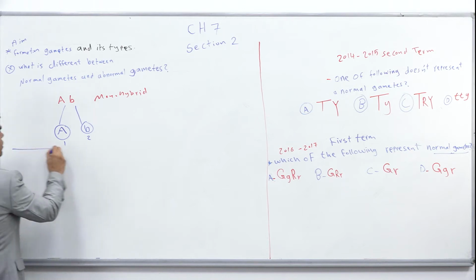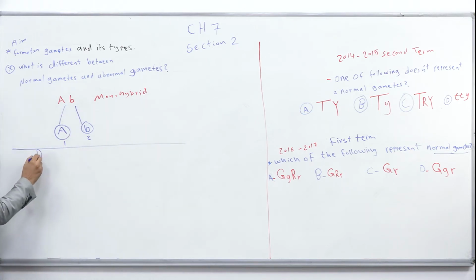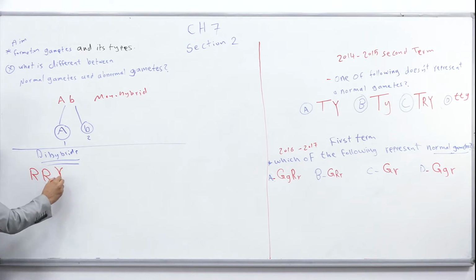What about a dihybrid? How are the gametes produced? For example, the parent we have is R capital, Y capital, R capital, Y capital. How are the gametes produced and how many types?